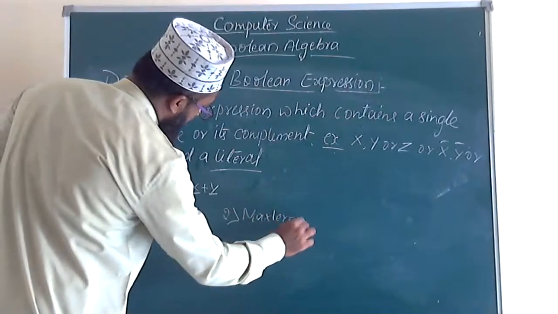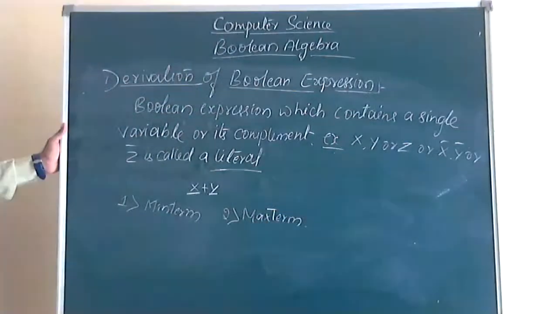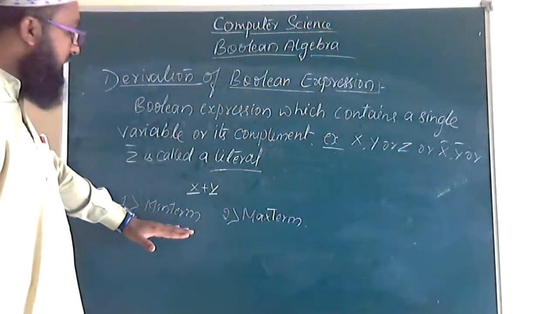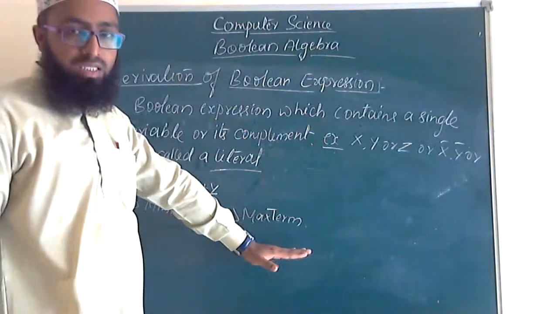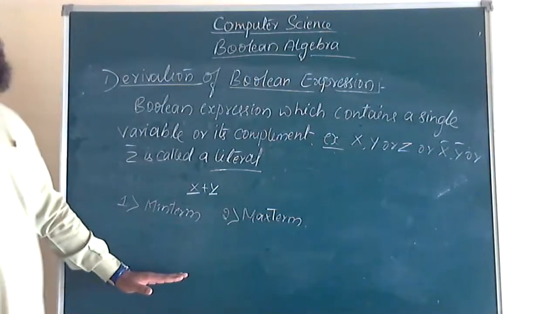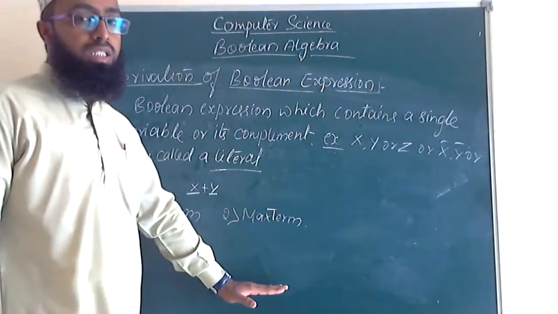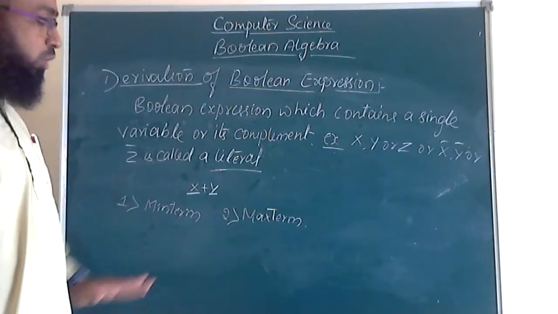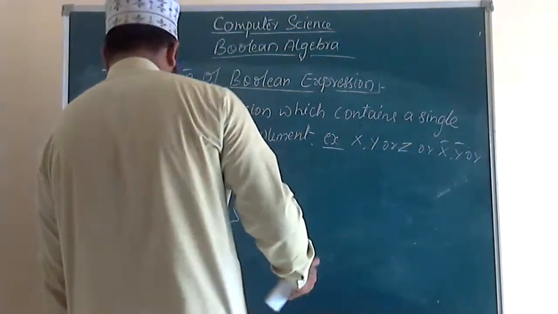Now we are going to discuss these two things: what is min term and what is max term, and what are the things included under min term and what are the things included under max term. So now we are going to discuss the min term.